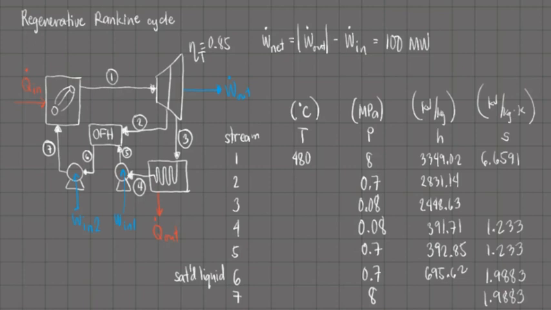Now that we know the pressure and the entropy in stream number 7, we can determine its specific enthalpy. Under these conditions, our working fluid is a compressed or subcooled fluid with a specific enthalpy of 703.95 kilojoules per kilogram. And with that, we have completed our enthalpy values. We can now move on and solve for the required parameters.